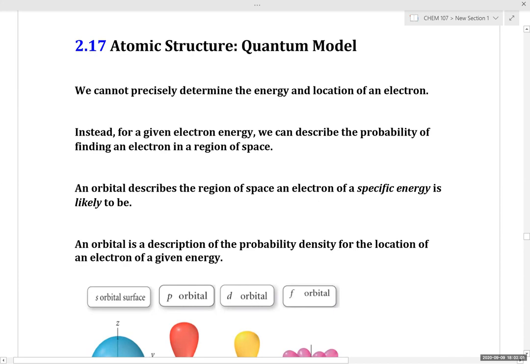And this is the model that you're going to be responsible for memorizing and understanding in detail, as this is the model that we're going to use to explain our electron energy and in turn start to explain electron reactivity and periodic trends.